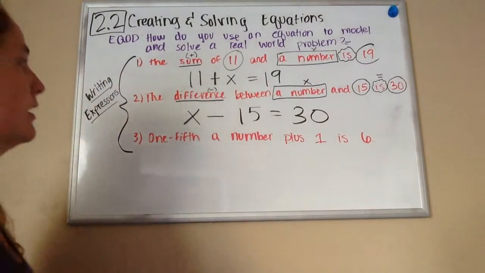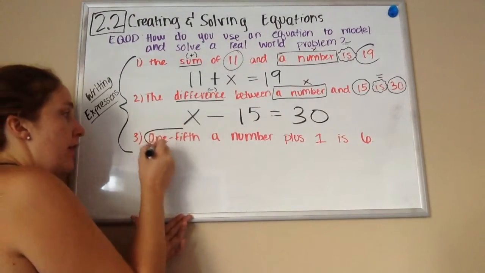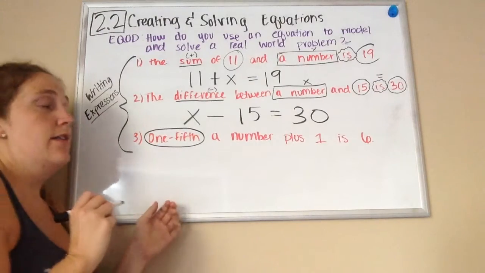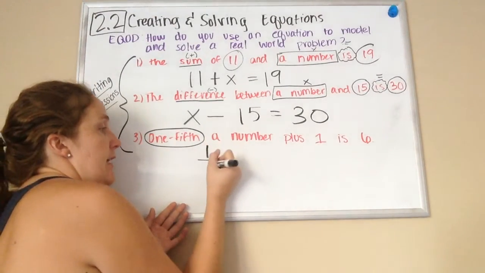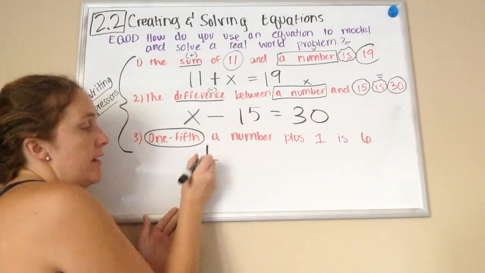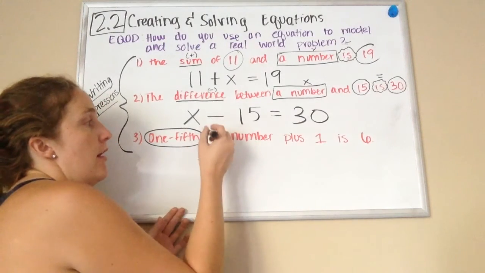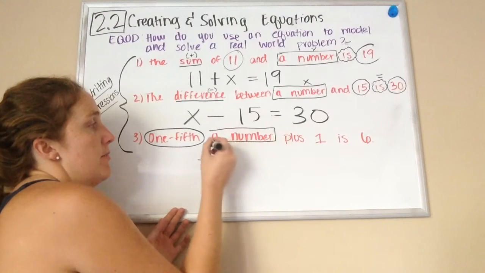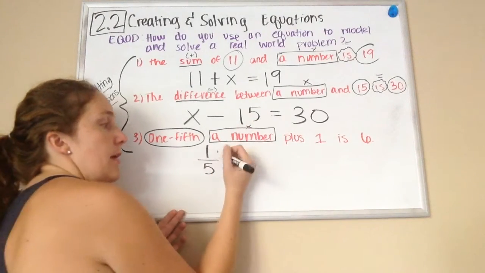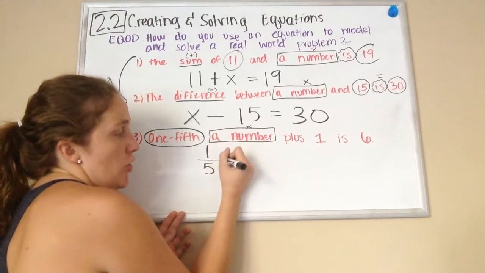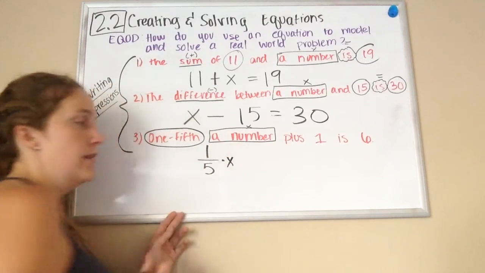The next one: 1/5. 1/5 is actually a number, and that's going to be represented as a fraction. 1/5 a number. Remember, a number means that we don't know what that number is, so we've got to represent it as a variable. And remember when it doesn't show an operation? It's just multiplication.